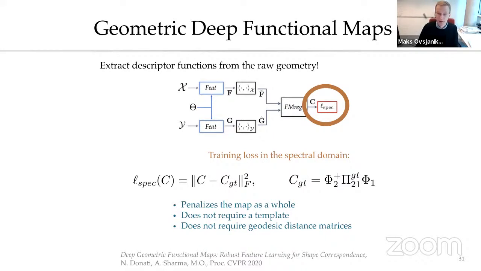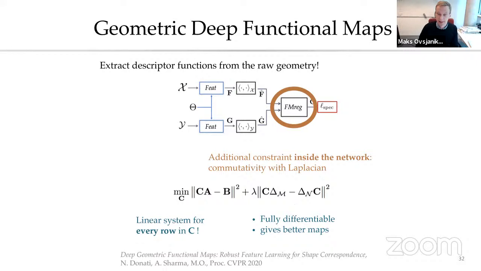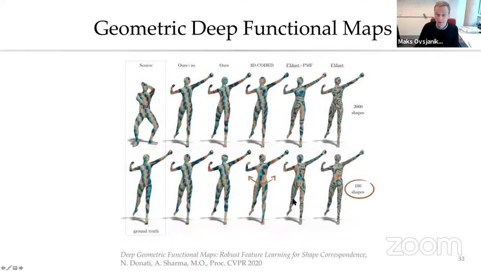So this is this additional regularizer in the network, and that seems to help regularize learning significantly. These are the kinds of results that we got. And the nice thing is that because we use the spectral loss, it seems to allow us to learn with much less data.